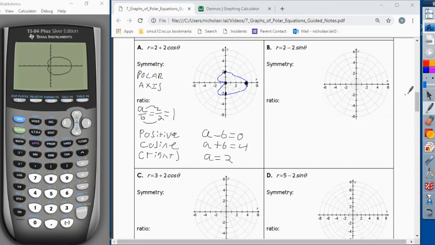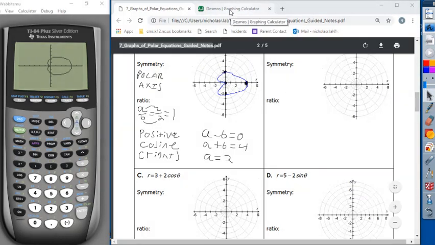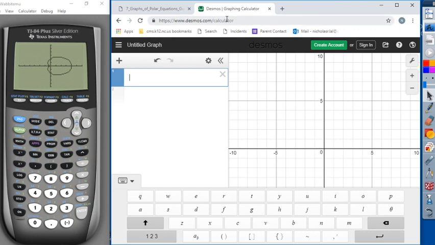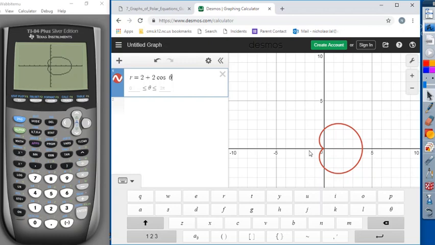Now obviously your drawing doesn't have to be picture perfect, but if we clear annotations and show it on Desmos, we can do the equation r equals 2 plus 2 times the cosine of theta, and we have our cardioid right here.